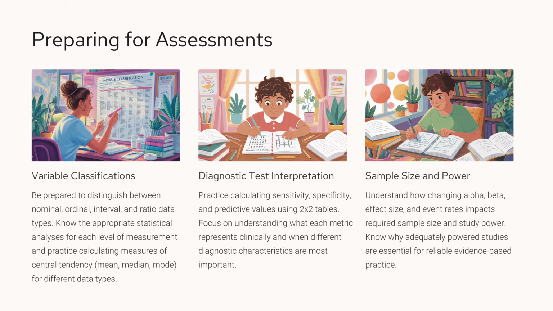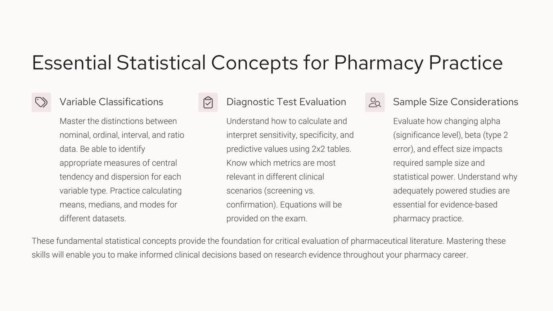And then finally, how are these types, false negatives, true negatives, false positives, true positives, related to sample size and power calculations, alpha and beta? These are all things that you should be aware of as we go forward in this course. And again, we're going to practice this in our activity in terms of classifying variables and looking at diagnostic tests and sample size considerations. Thank you.